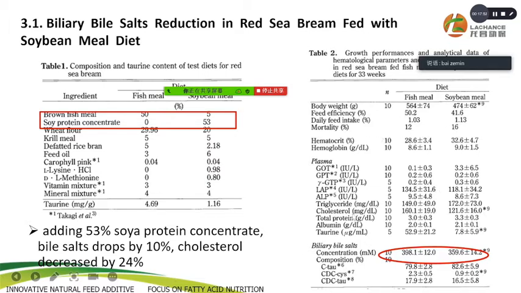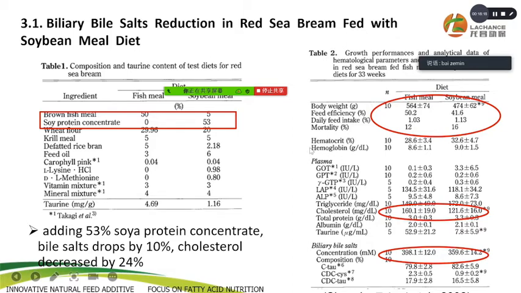And we also got the result that the concentration of bile salt decreased by 10%. And for cholesterol, as we all know, plant protein is short of cholesterol, so that's why the cholesterol dropped by almost 24%.